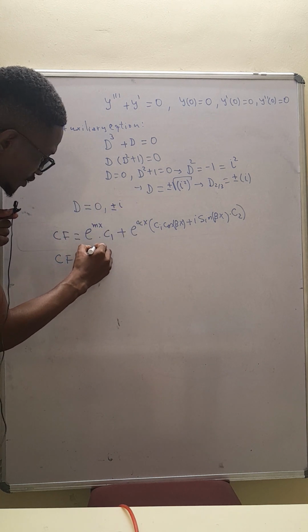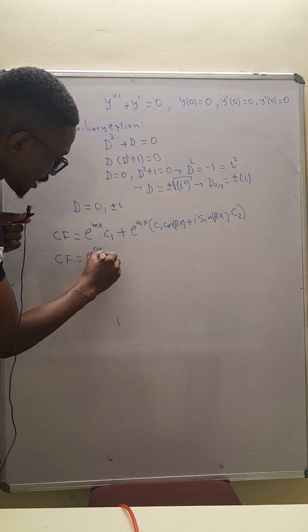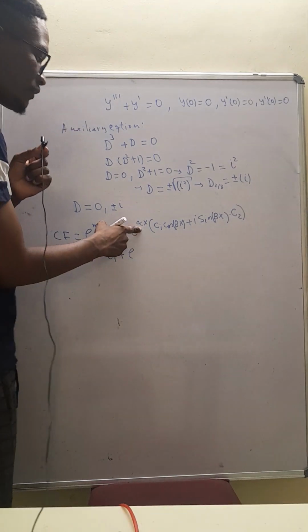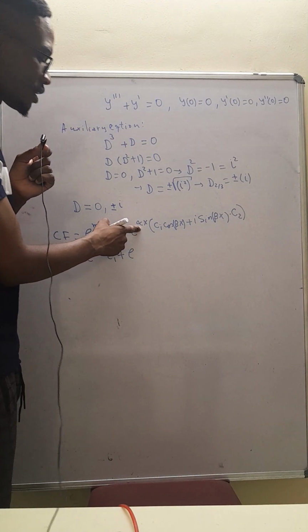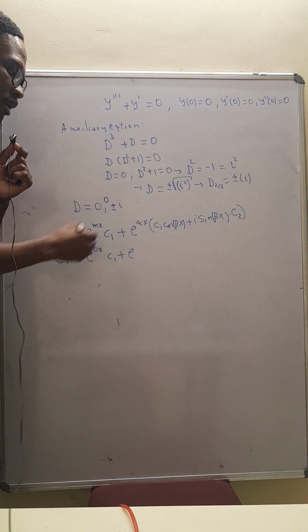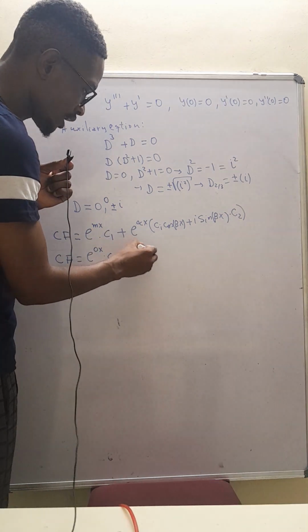So Euler raised to 0x times C1 plus Euler raised to alpha x. What is alpha here? Alpha is the real part. This solution has no real part. Here the real part is 0. That's why alpha here is also 0 times x.